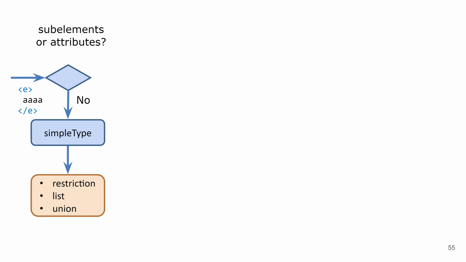So you may have an element with a list of dates, for instance. And a union simple type is a data type consisting of a union of other types. So you may have an element content specified as a union of a date or a number. So both dates and numbers are valid content of such an element.